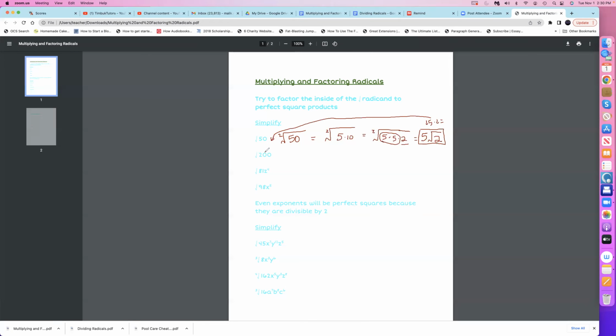Okay, the square root of 200. Now I can do 25 times 8, but I could also do 100 times 2, because 100 is a perfect square.